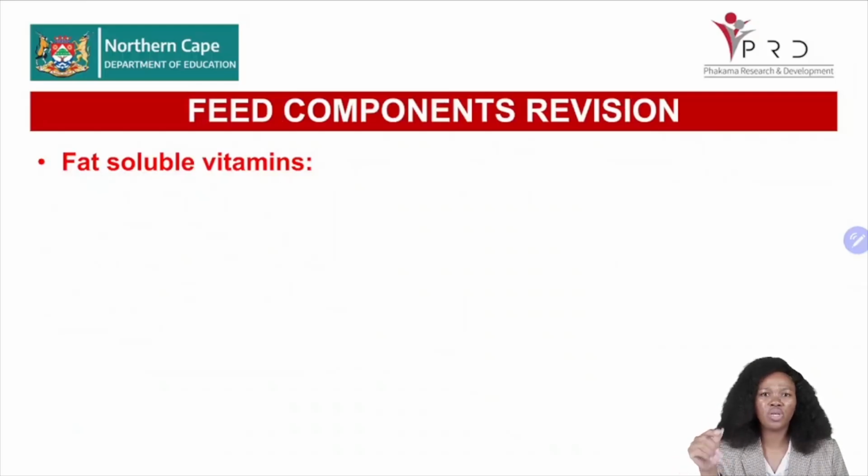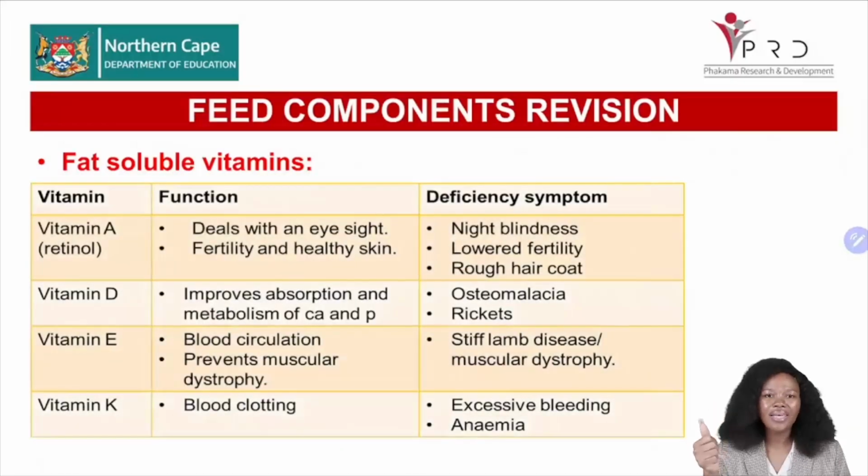Examples of fat-soluble vitamins are vitamin A, D, E, and K. Vitamins are different from proteins, carbohydrates, and fats, because when you are studying them, you need to know the identification, the functions, and the deficiency symptoms of each and every vitamin. Now let us look at the fat-soluble vitamins.